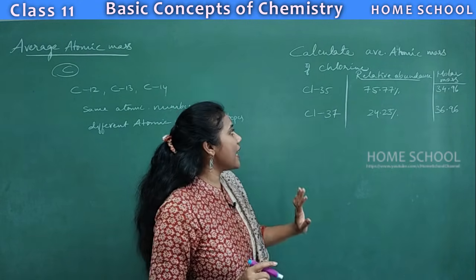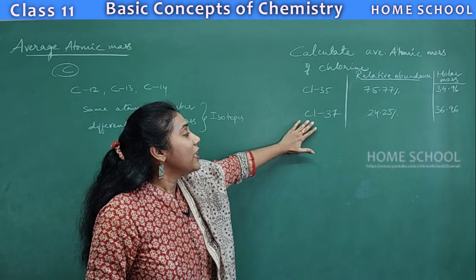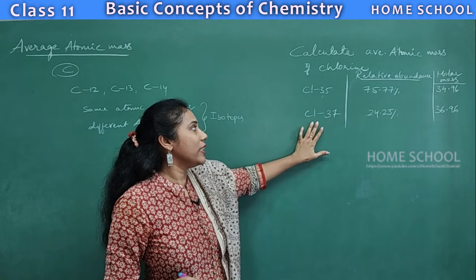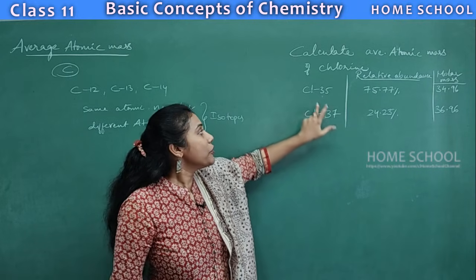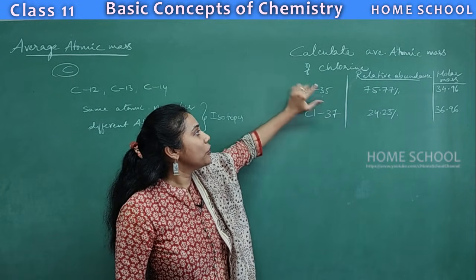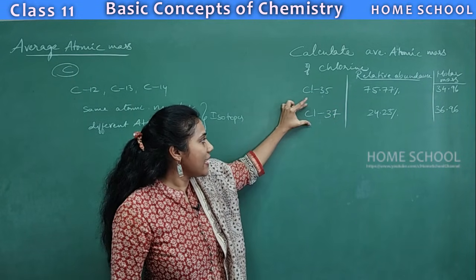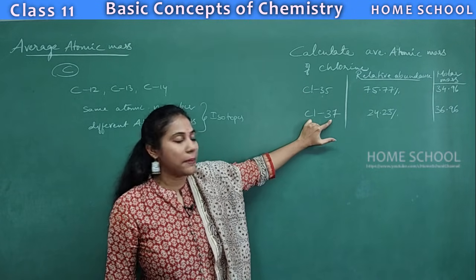Clear? Say for example, we have a question here. There are two isotopes of chlorine. One is chlorine 35, the other is chlorine 37. This isotopic form of chlorine has atomic mass 35, and this form has atomic mass 37.